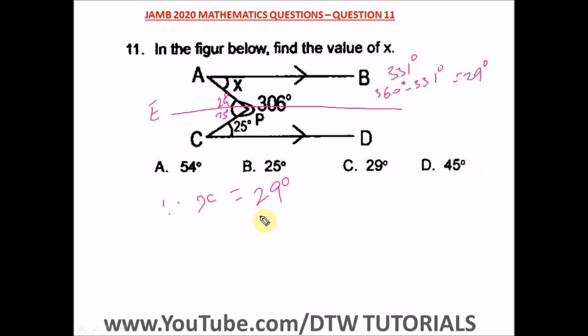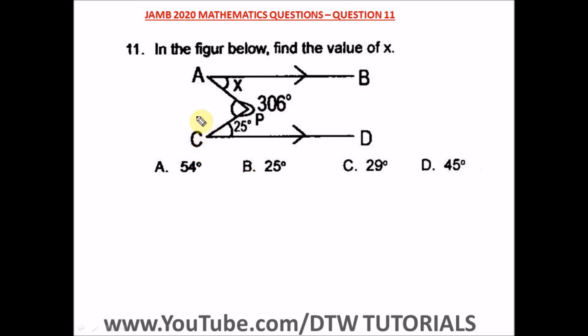I don't know if you understood what I did, but let me start afresh and make it more simplified. So let's introduce our line here again. So let's call here angle DCP. So this angle is equal to angle CPE.